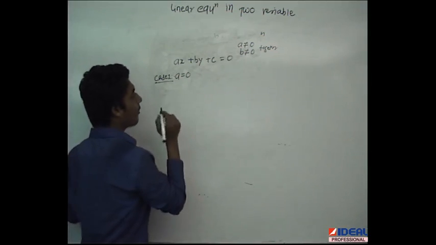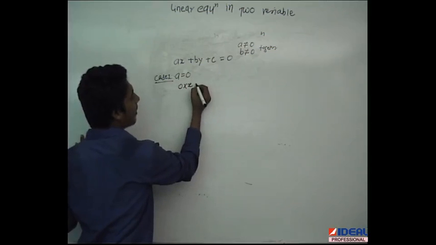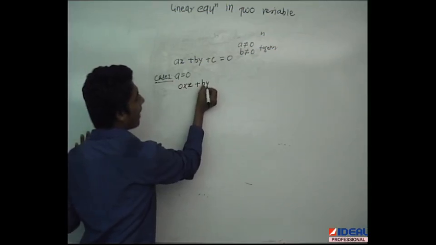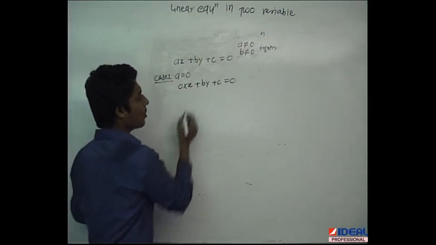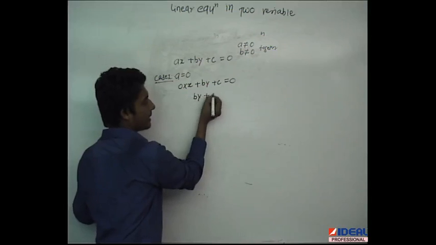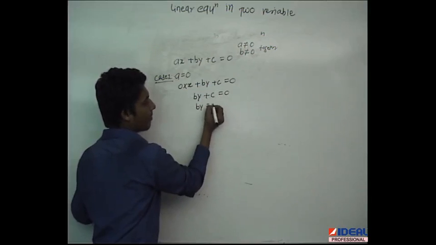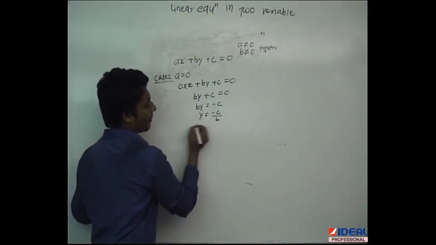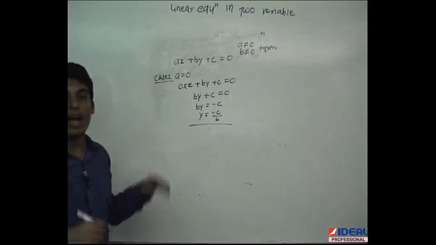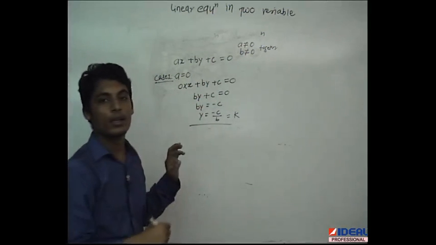So what will happen? 0 into x plus by plus c is equal to 0. So by plus c is equal to 0, by is equal to minus c, y is equal to minus c by b. That means some constant k.